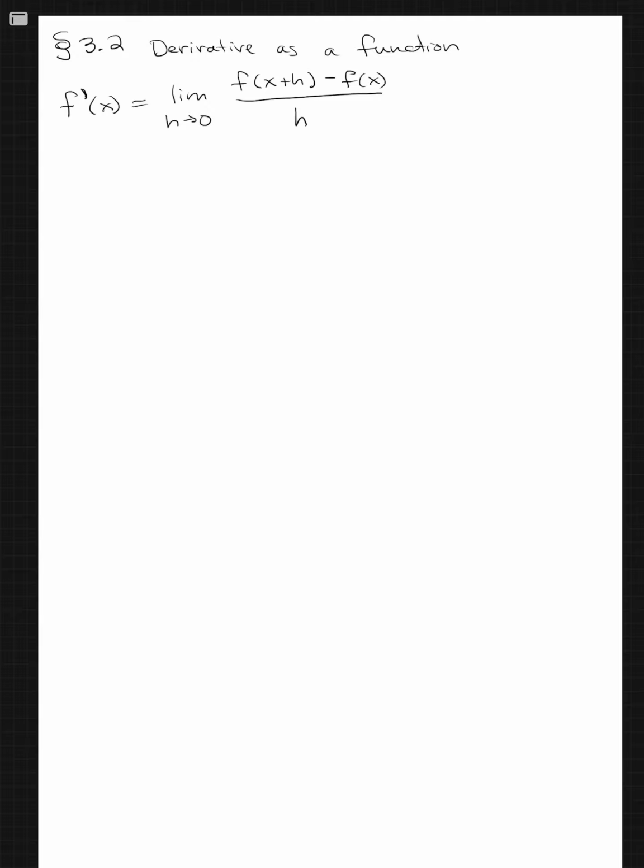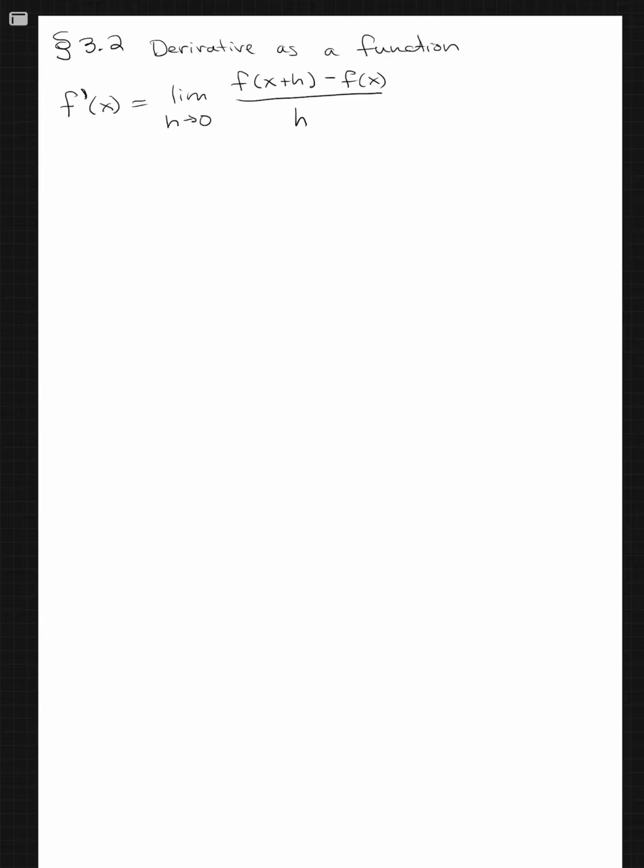Because there is already an x to begin with, and it causes problems, right? So just for ease of notation, when we're using the limit definition to find the derivative of a function, we're going to use this formula.